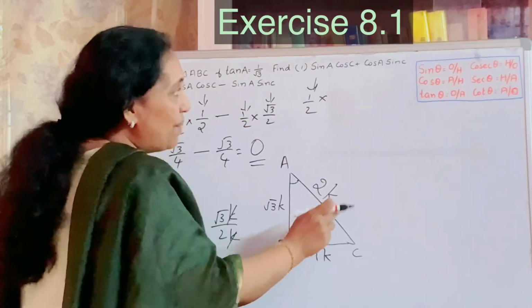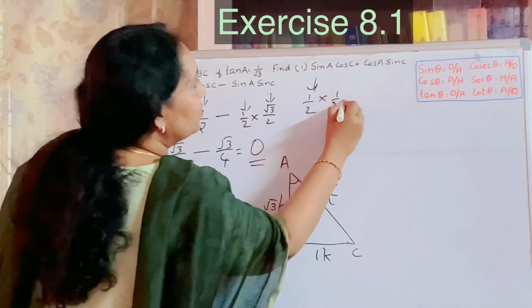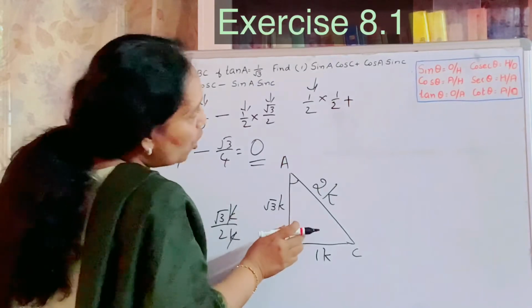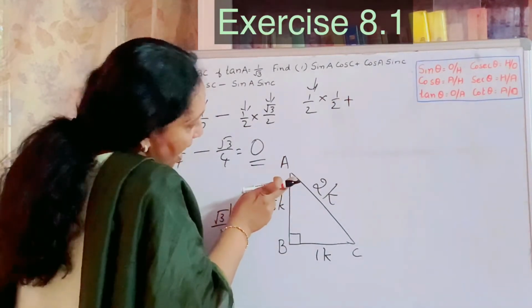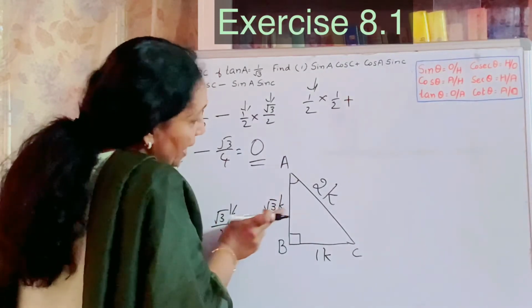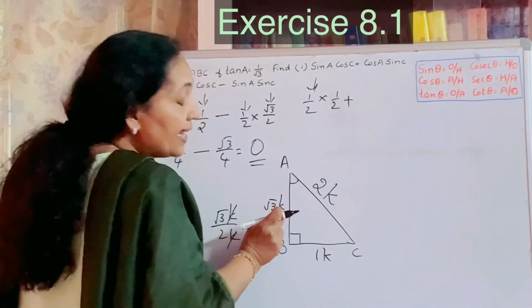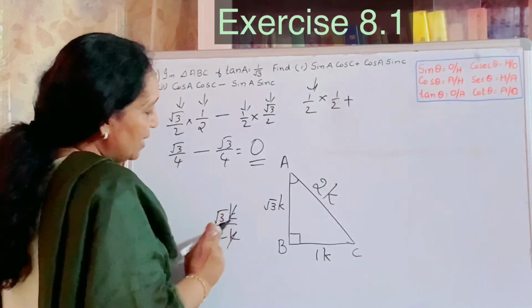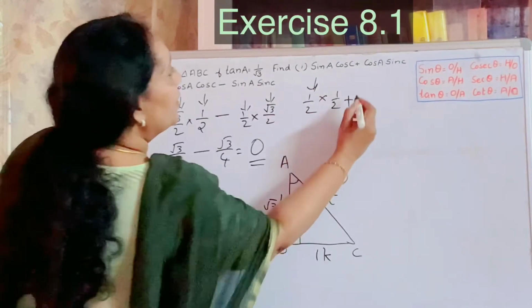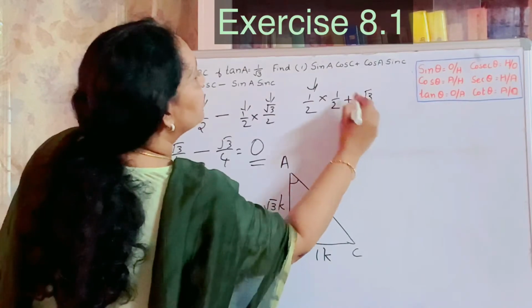That is also 1 by 2. Plus cos A. See, angle A. Cos A is adjacent side of this angle by hypotenuse. That is root 3k by 2k, that is root 3 by 2.